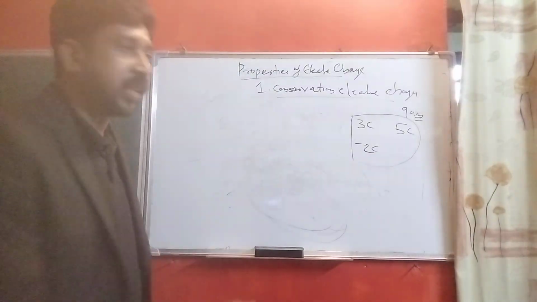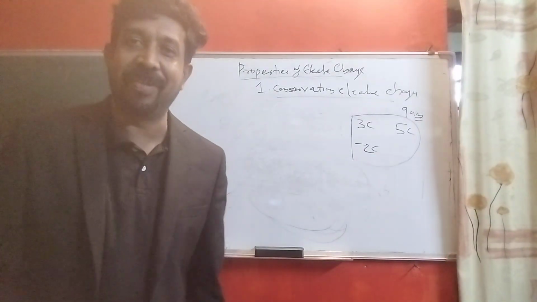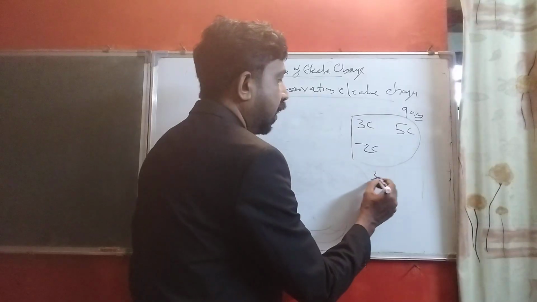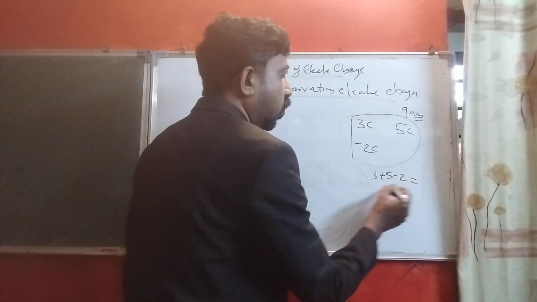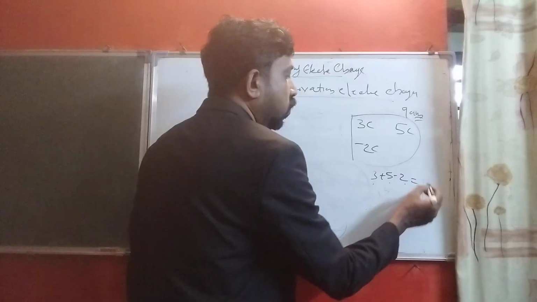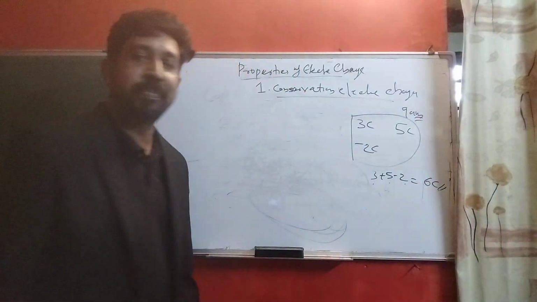Then what is the total charge here? According to the first property, 3 plus 5 minus 2 is equal to 3 plus 5, 8, minus 2, 6 coulomb is the total charge.